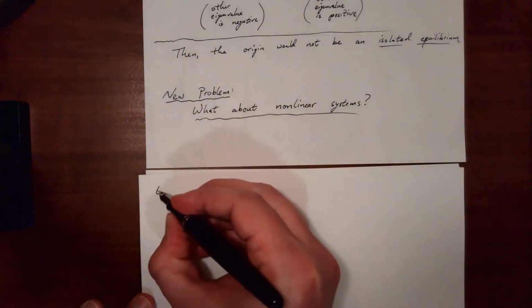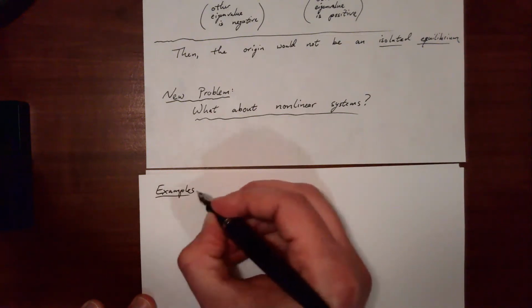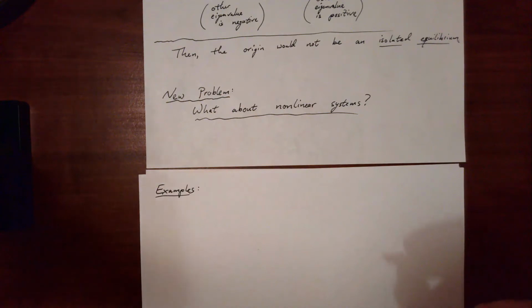So, some examples. All right, so what makes a system nonlinear?